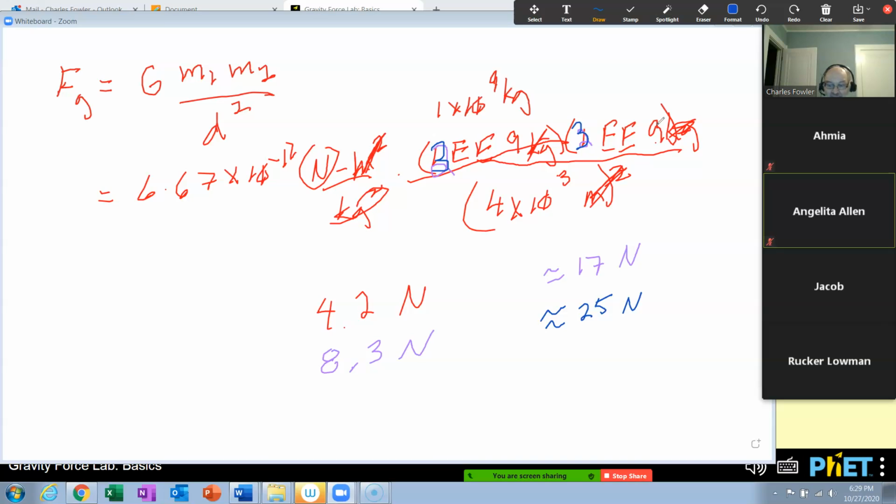Divide that by, open parentheses, 4 EE3, close parentheses, squared, equal. What are you up to now? Anyone do it?